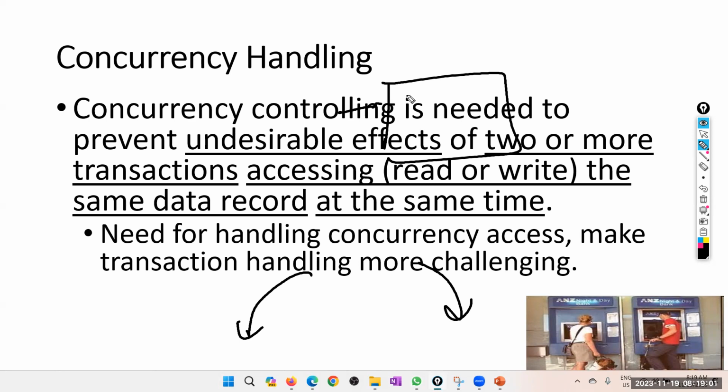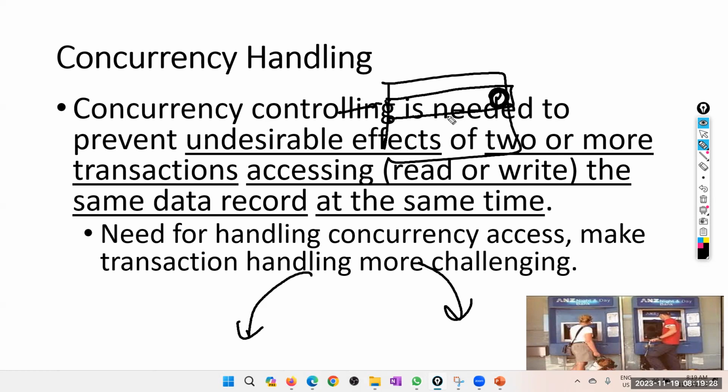That is not a concurrency issue. But there can be situations where I try to take money from my account, and someone is trying to deposit money to my account. So then both transactions involve the same record because ultimately my balance must be updated, right? Same balance. So in that kind of a situation, we have a concurrency issue.